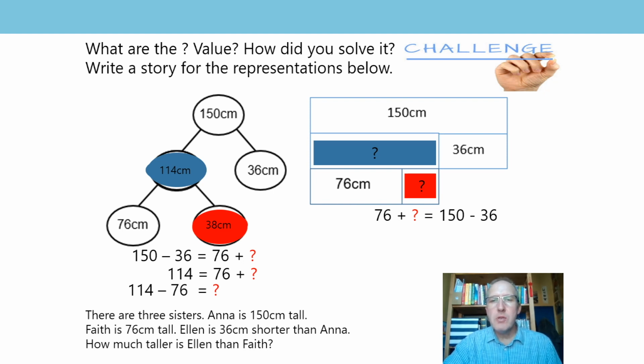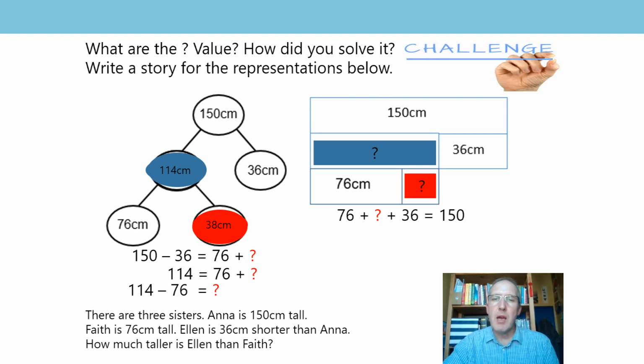Maybe you noticed something different. Maybe you did something different for your balanced equation. Look along here. 76 plus the question mark plus 36 is equal to 150. So you might have written your balanced equation like this.